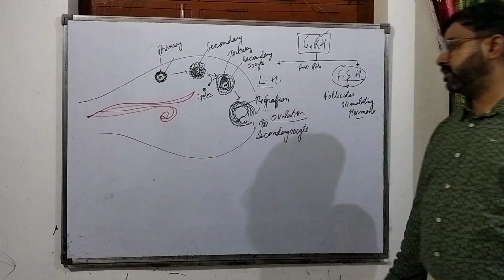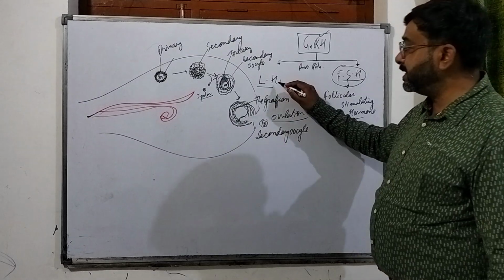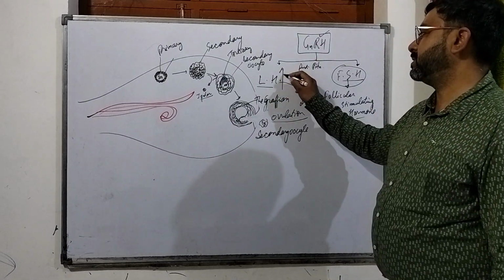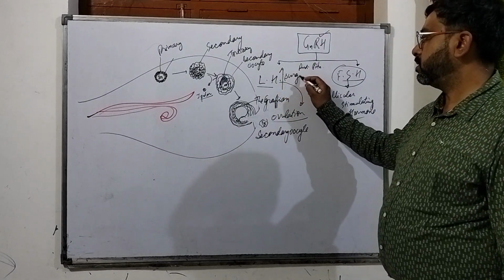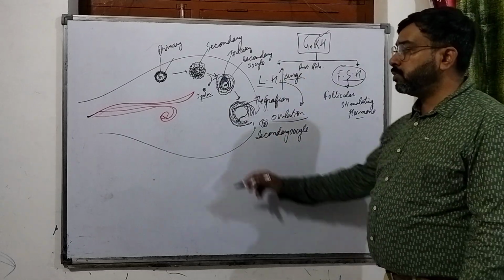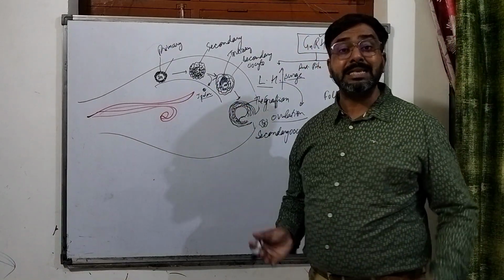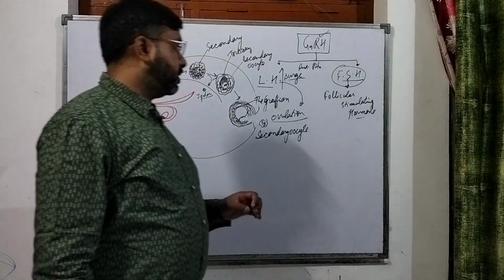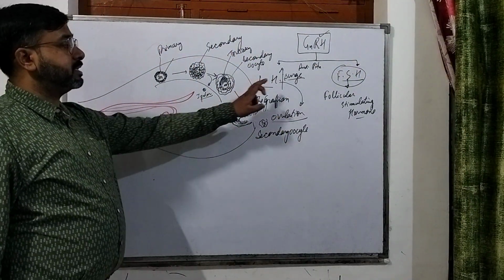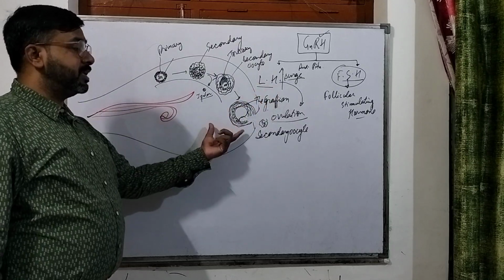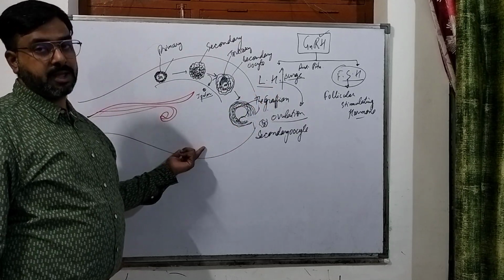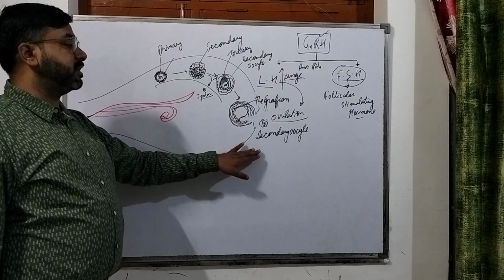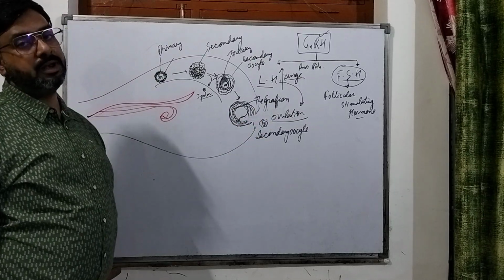This process of ovulation is triggered by the LH surge. Due to the follicular growth there will be a rise in the level of estrogen as well, but as soon as the LH surge takes place, just prior to the middle of the cycle, this LH surge will lead to ovulation.